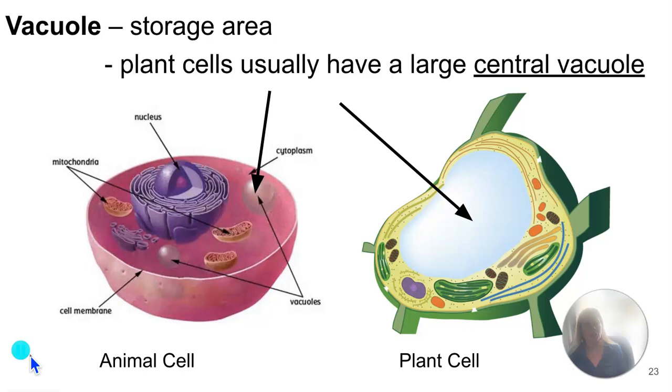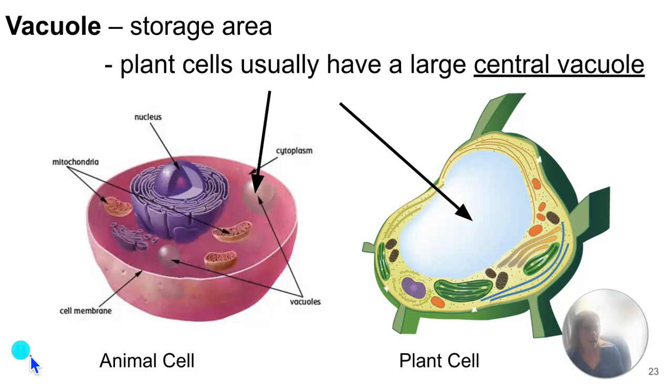Vacuoles are also membrane-bound organelles, but vacuoles are most commonly found in plant cells. So plant cells oftentimes will have a large central vacuole. It's where they store their water, right? Like if a plant gets thirsty, it can't walk to the stream and go get a drink. So it depends on storing lots of water inside of each individual cell in a vacuole.